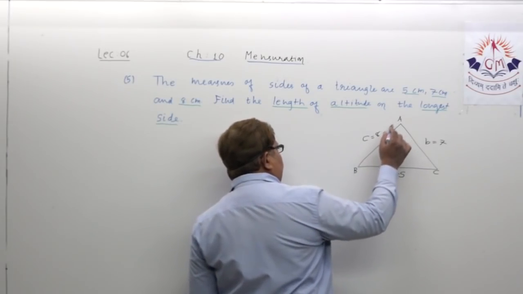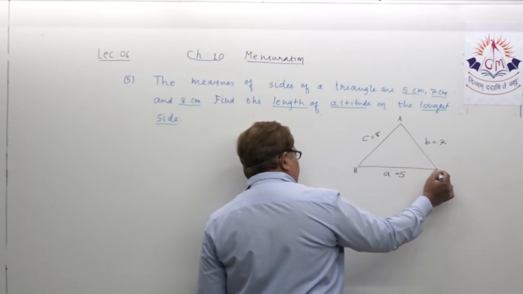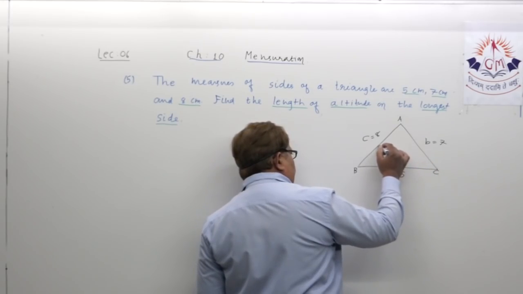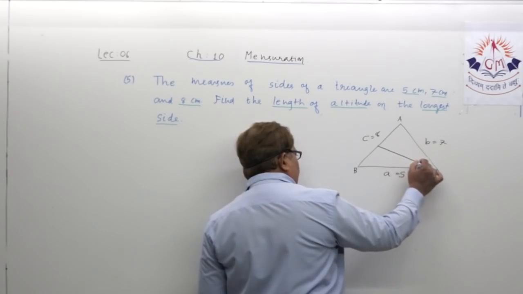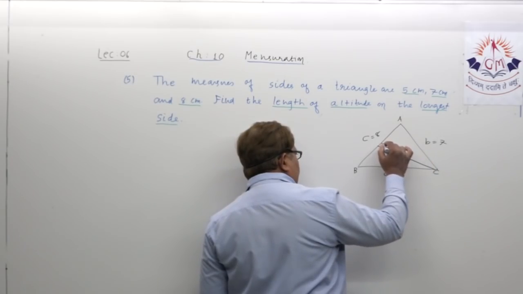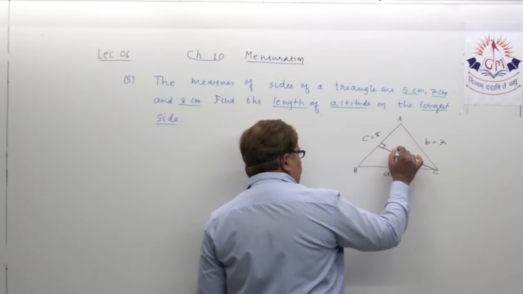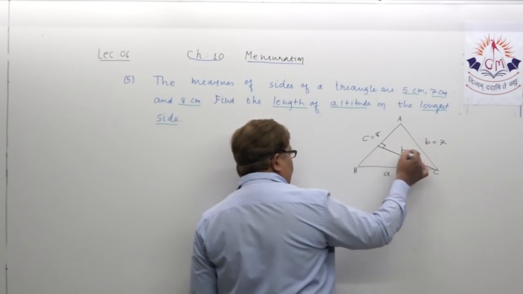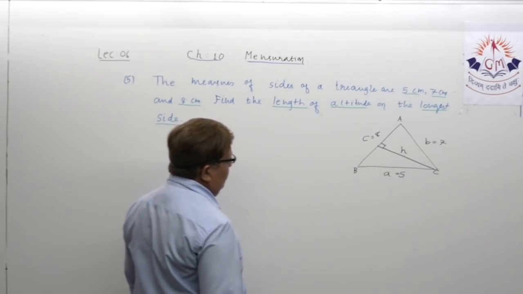Which is the longest side here? AB. So I have to draw the altitude from vertex C. This is the altitude. Suppose I say this altitude as h. Okay, symbolic.